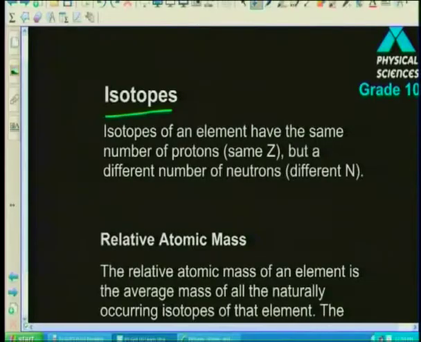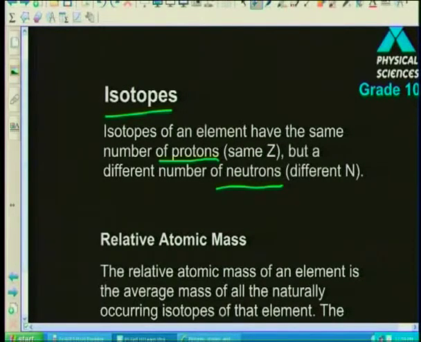The word that we give for atoms that have different masses, different numbers of neutrons, is isotope. When things have different masses, they're called isotopes. Isotopes of an element have the same number of protons, but they have different numbers of neutrons. So please be aware of that.